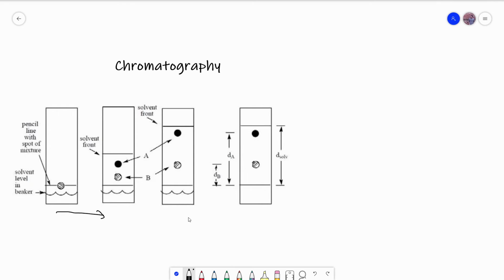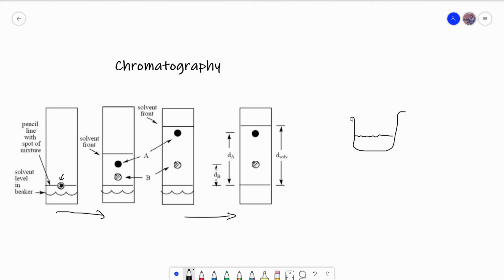Right in the beginning, you've got your chromatography paper on which you make a pencil line, and on that line, in the center of it, you make a spot of your mixture, which contains the two or three or more miscible liquids, which you want to separate.